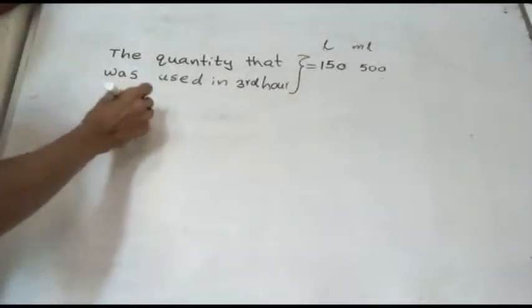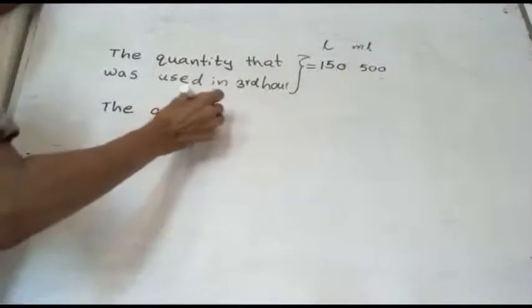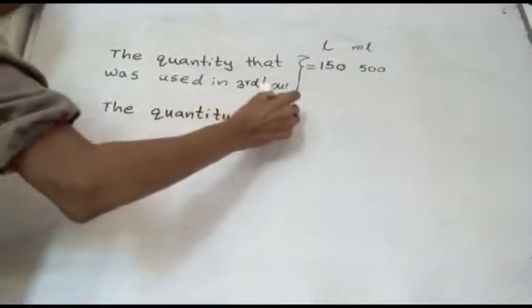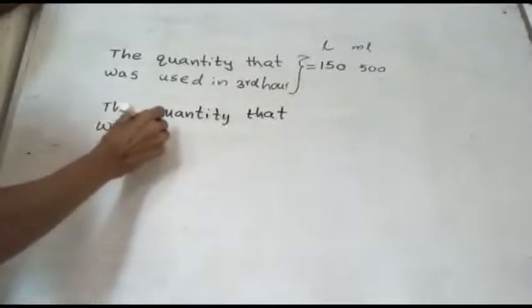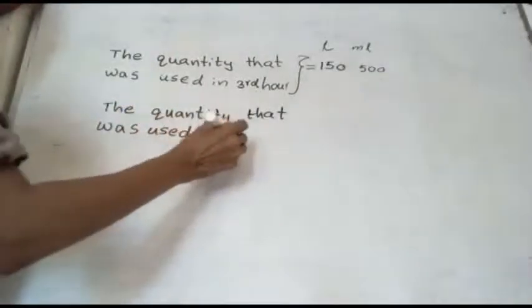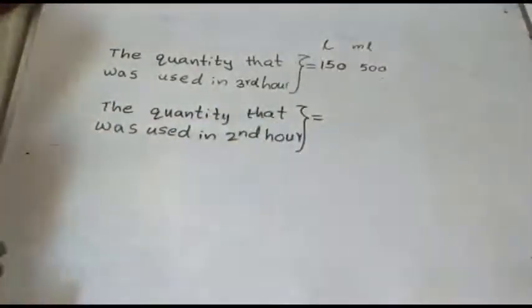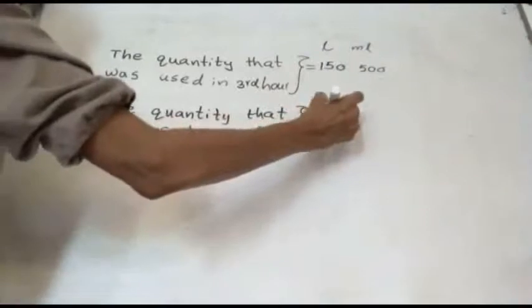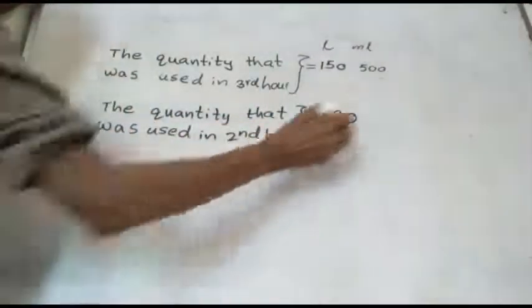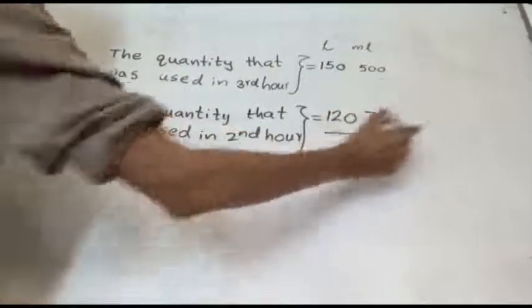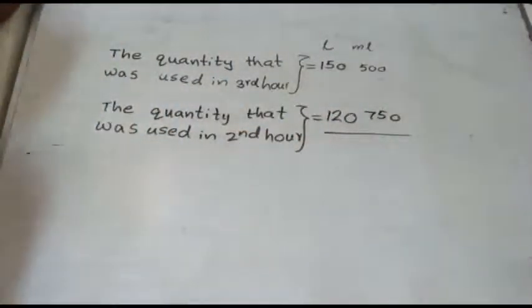The quantity that was used in the second hour is equal to 120 liters and 750 milliliters. The larger amount is 150 liters and 500 milliliters.